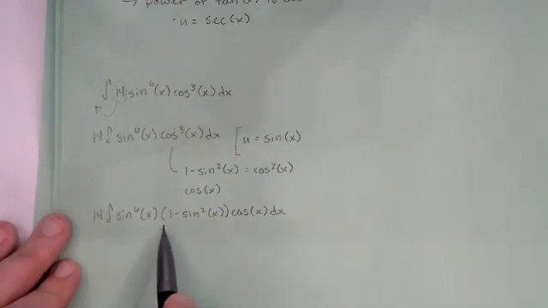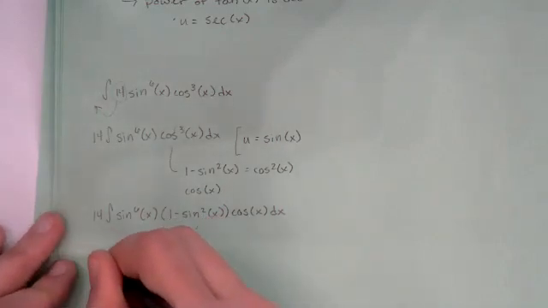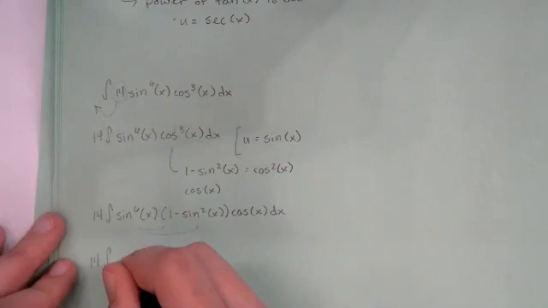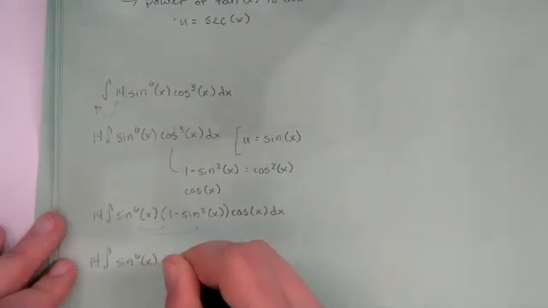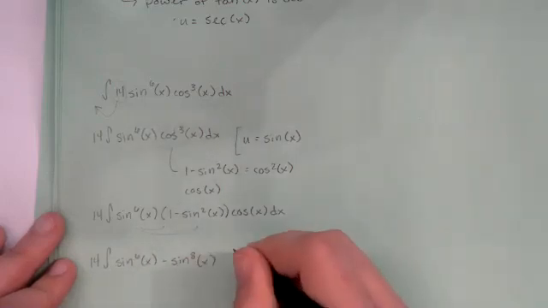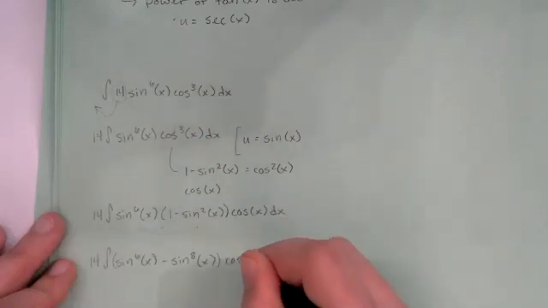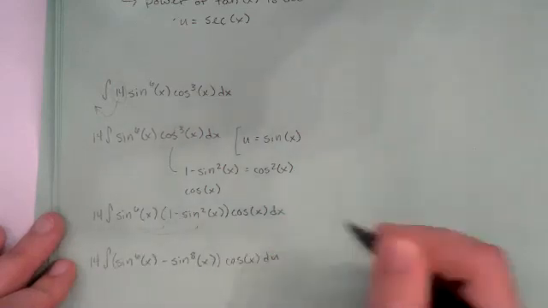Let's go ahead and distribute this sine to the 6th into this 1 minus sine squared. So we have sine to the 6th of x minus sine to the 8th. That's nasty. And then all of this times the cosine of x dx.